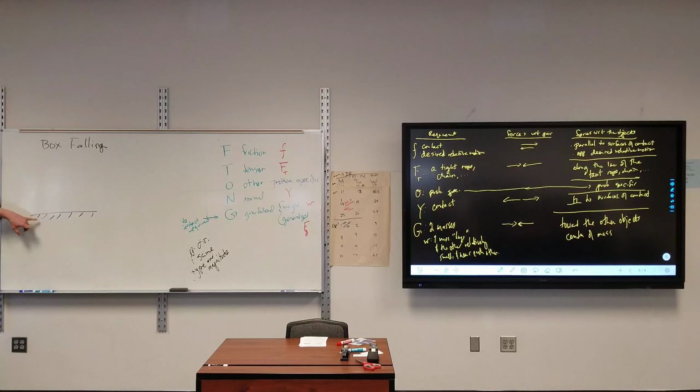Whenever you see the hash marks like this, it indicates something that we are assuming is not moving. Box. Falling. We're ignoring air resistance, but I can put a little air streams in there to somehow give some indication that it's falling.